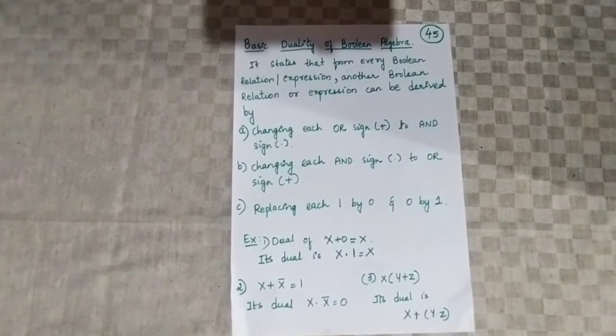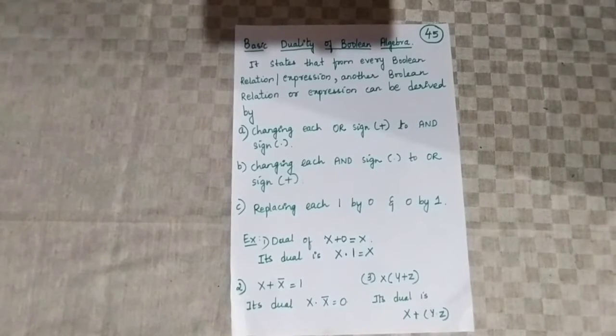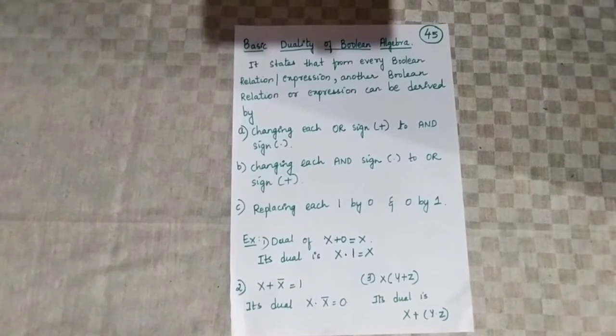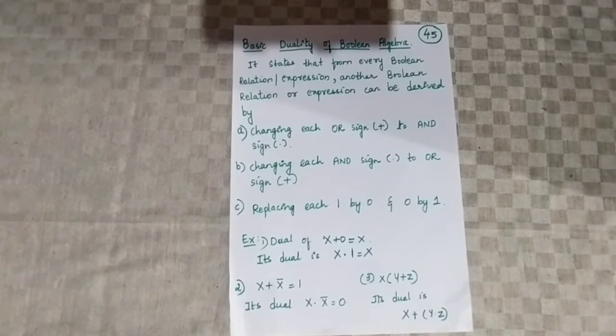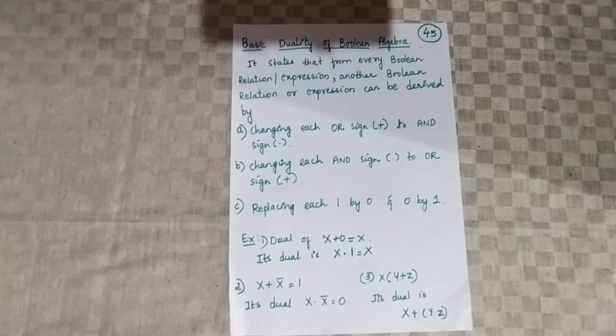Today our next class on Boolean algebra, wherein we'll see the concept of duality again in connection with the Boolean expression. As we have already seen, the duality theorem states that from every Boolean relation or expression, another Boolean relation or expression can be derived.